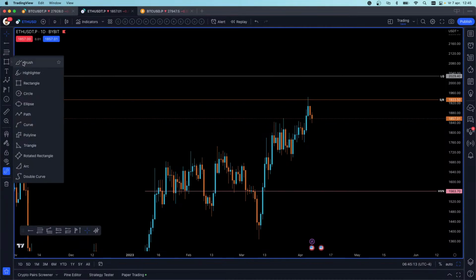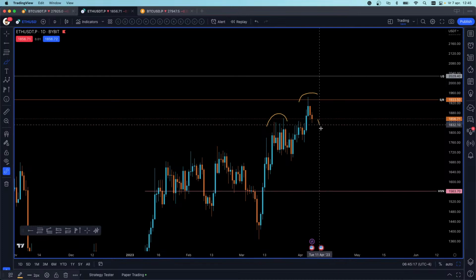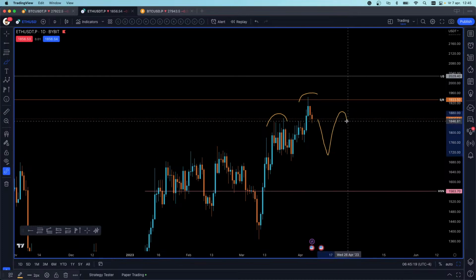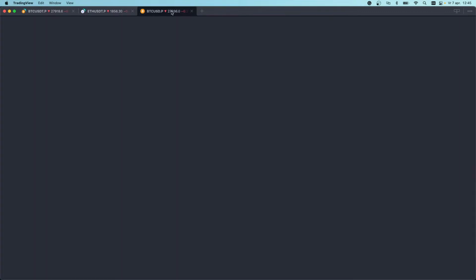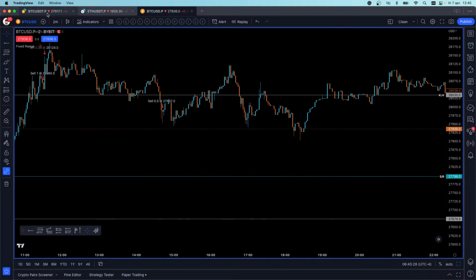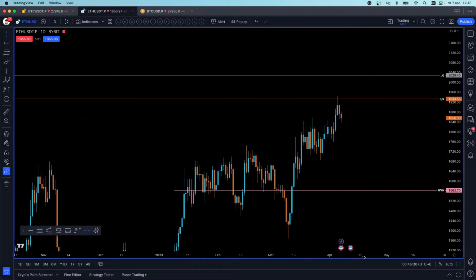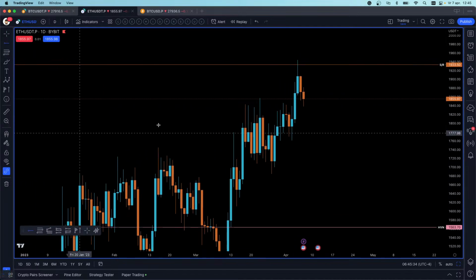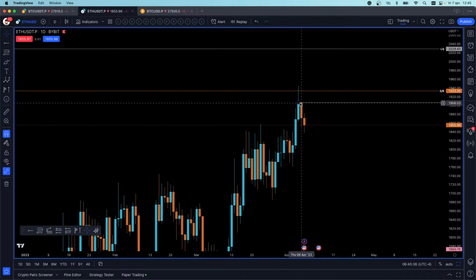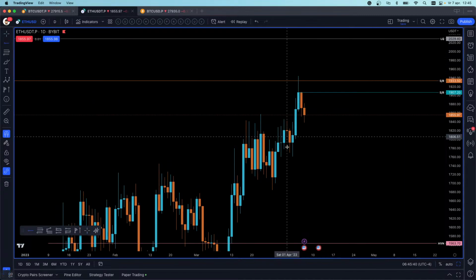Can this become a swing top? Then we're going to need something like this, then a move down. So this is potentially what we are looking at as well. This is going to be the daily, and we have an open daily in here as well.